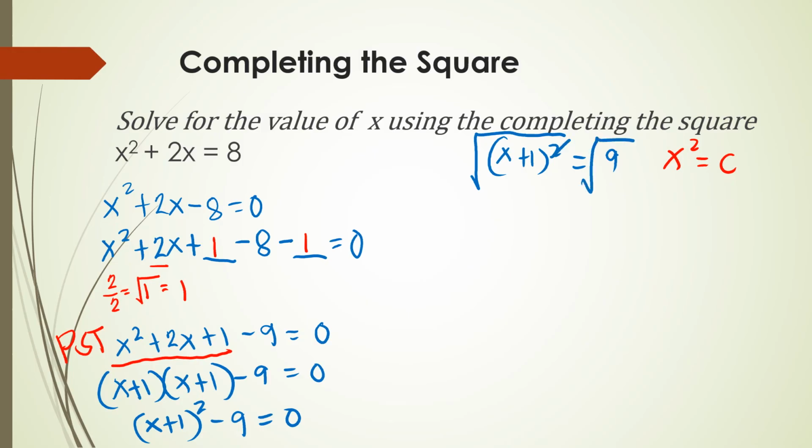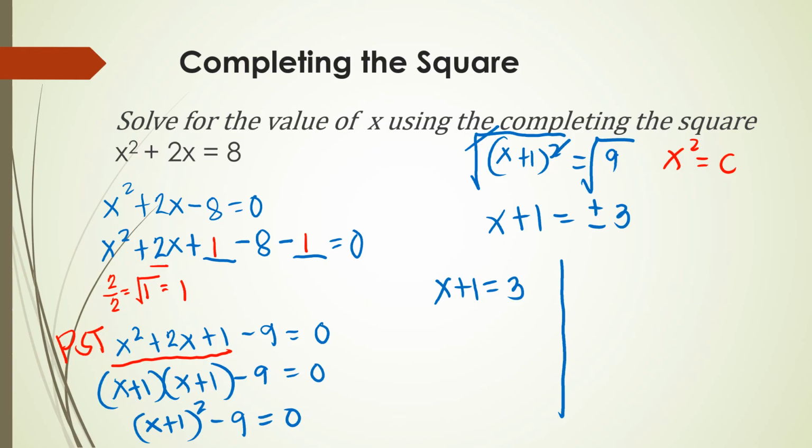So, makakancel na to. So, may iiwan si x plus 1 is equal to positive and negative 3. Okay? Now, let us separate this. Okay? Using the addition property of equality, C1, ililipat natin on the right side para makuha natin yung value ni x. So, you have x plus 1 is equal to 3.